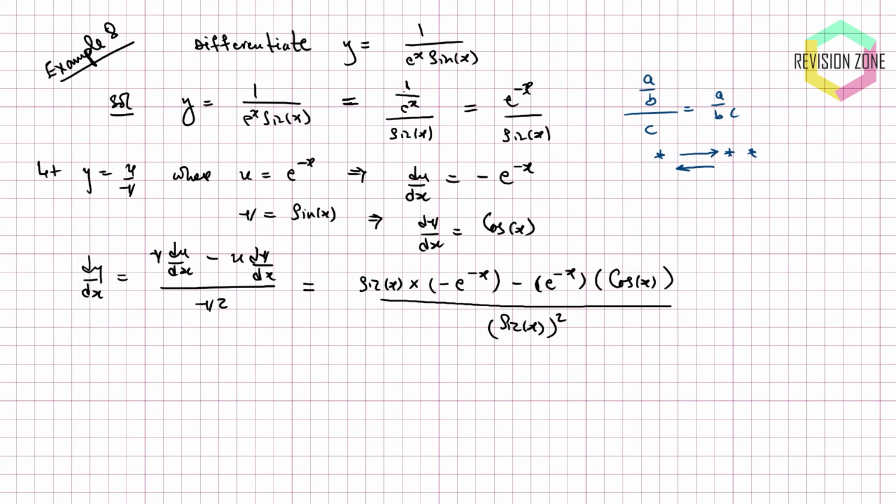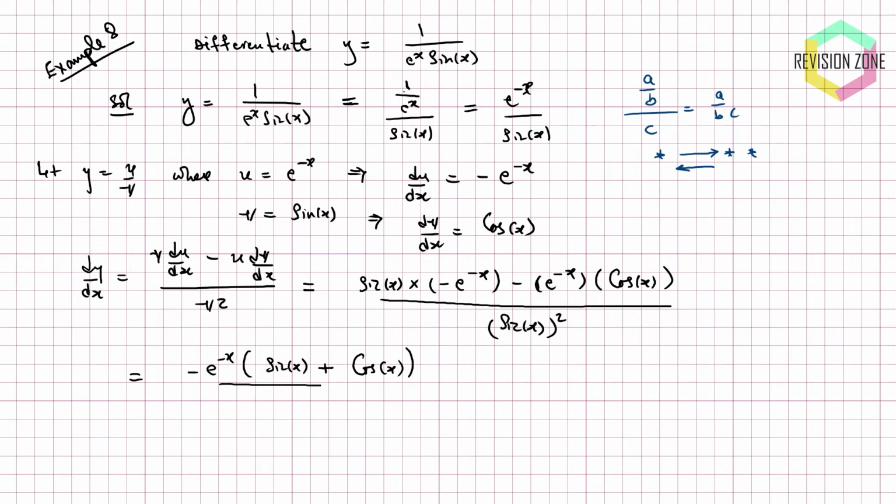So at this stage, it's just going to require a bit of patience to tidy this up. The interesting thing is I've got a minus e to the minus x here and a minus e to the minus x here, so I can take both of them out. So I'll come here and say, let's take out minus e to the minus x. So the numerator then just becomes sine x plus cos x, okay, because we took out all the minuses.